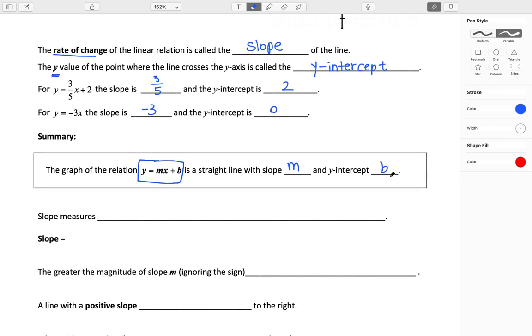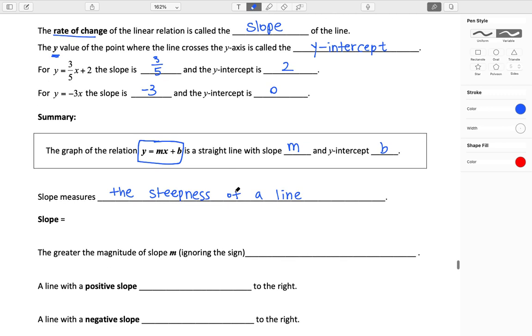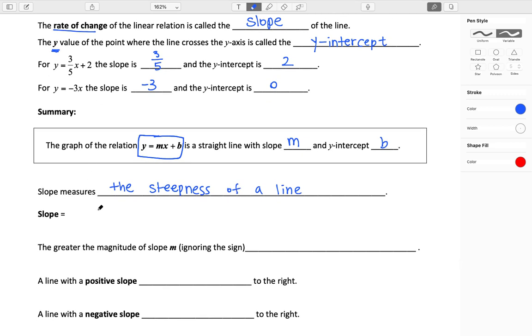What's another word for slope? Pretty much, another word for slope is rate of change. It measures the steepness of a line. For example, the formula for slope is rise over run.